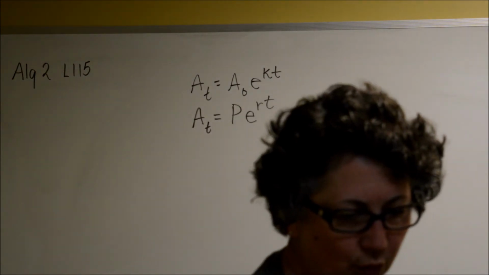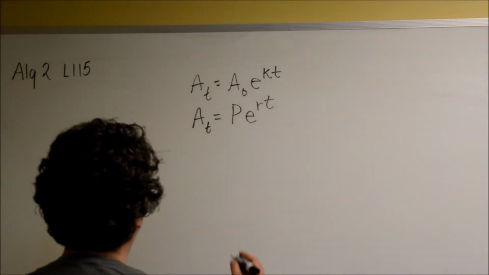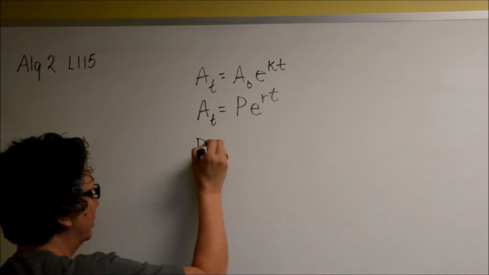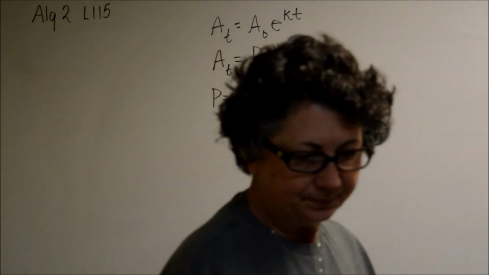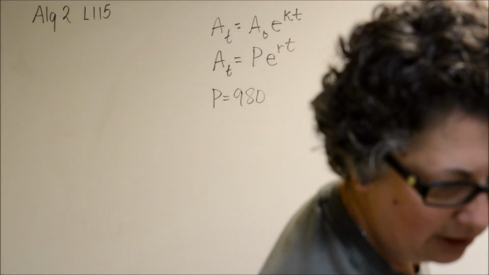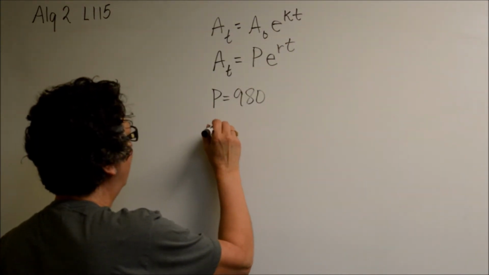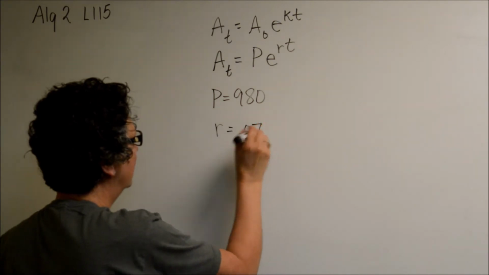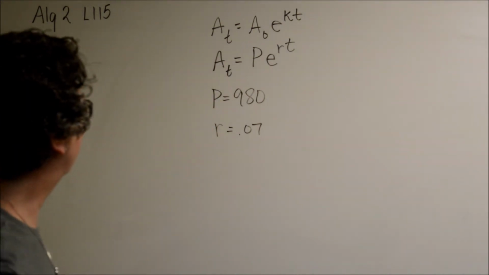In this particular one, it says Mary had $980. So her principal, to start out with, was $980. She is earning 7% interest. So her rate is 0.07, because that's 7%. And it wants to know how much money did she have at the end of 9 years.